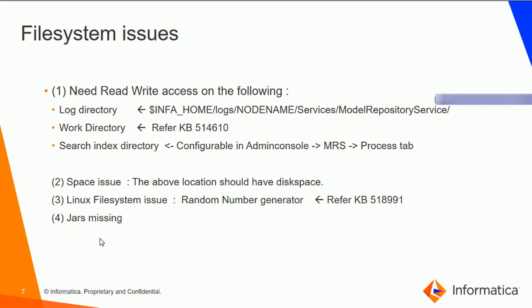This is where, when you are accessing the file system, it generates a seed using the OS-provided system API calls, and it creates a temporary file for that. Basically, deleting that file is what we have to do to get rid of this problem, and that is what is referred to in KB 518991. It is a corner case, but I'm just adding it here so that we can continue further.